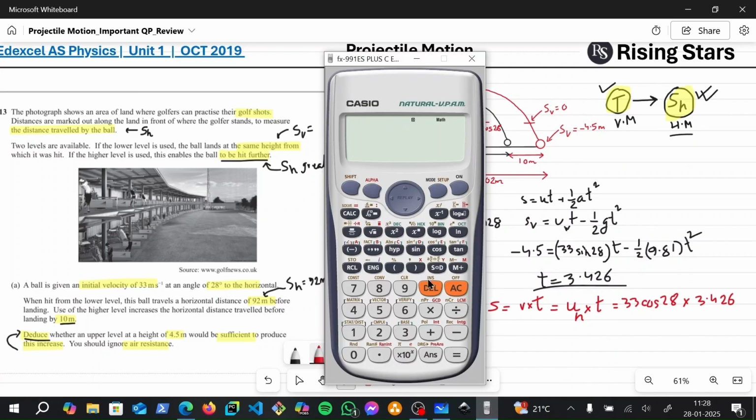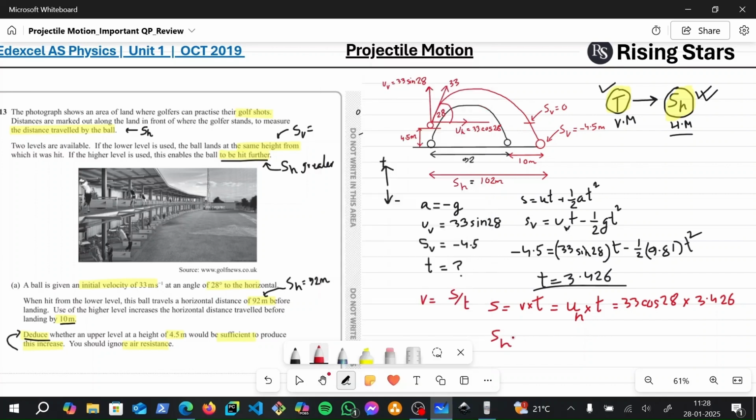On the calculator in normal mode, 33 cos 28 times 3.426. This should give us the horizontal displacement of the upper ball, which is 99.8 meters. So SH is equal to 99.8 meters, which is equivalent to 100 to 3 significant figures.